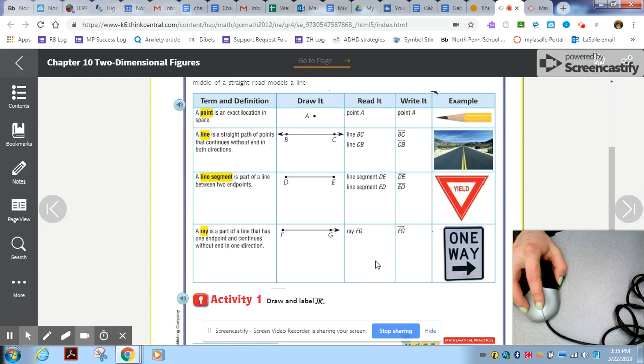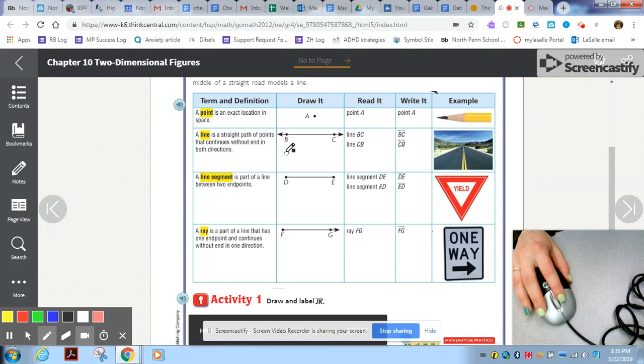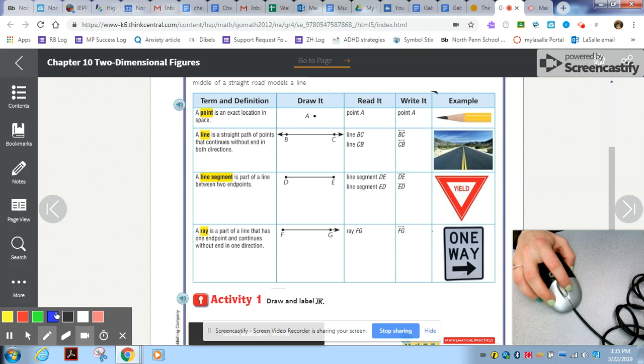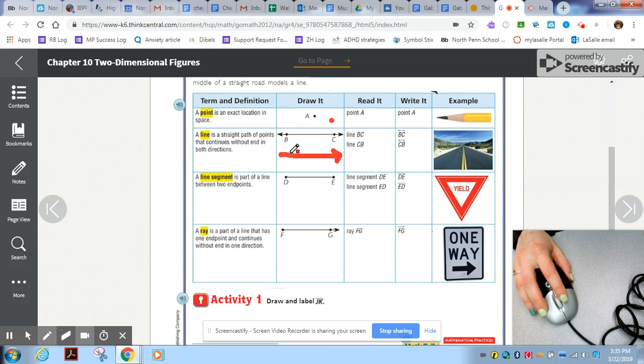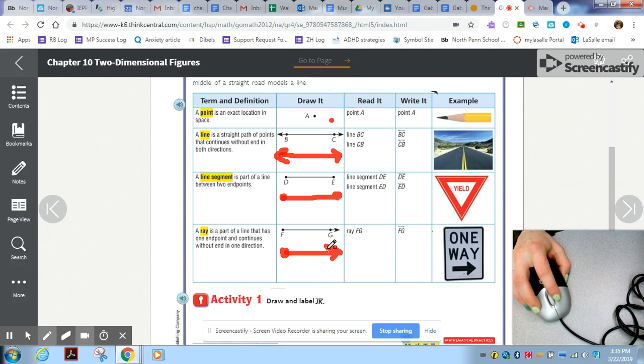Okay. So all I want you to do right now is to get your pencil, and you are going to draw a point. You're going to draw a line. You're going to draw a line segment. And you're going to draw a ray. That's it. You can pause this video and copy exactly what I did, which is totally fine.